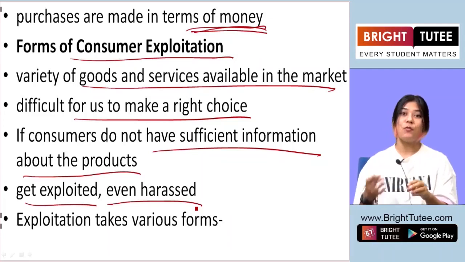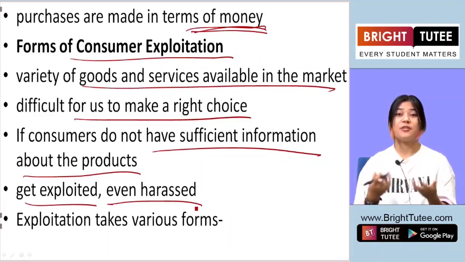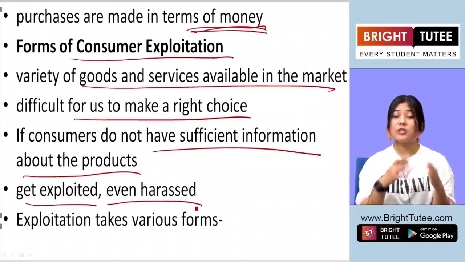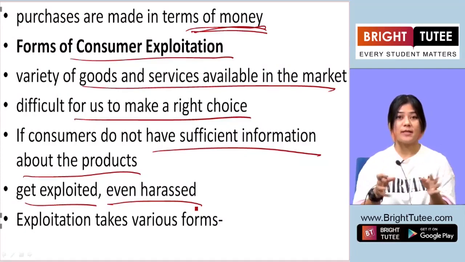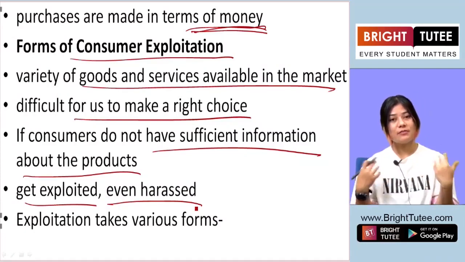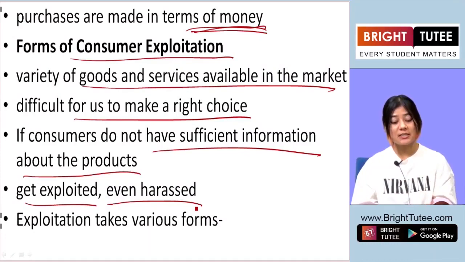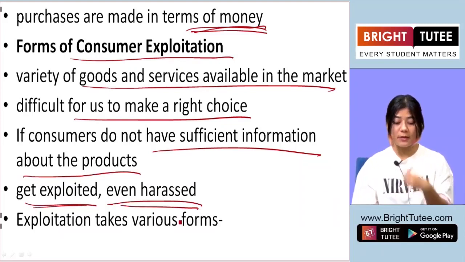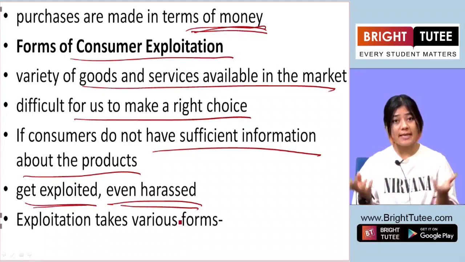And if you don't know what is the average price of a sweater, you have no information how much it could cost or how much it should be, right? You have no idea. So you go and then without any information you try to purchase it, and you have a chance to get exploited and harassed by the seller there. Okay, so that is how consumer exploitation takes place.